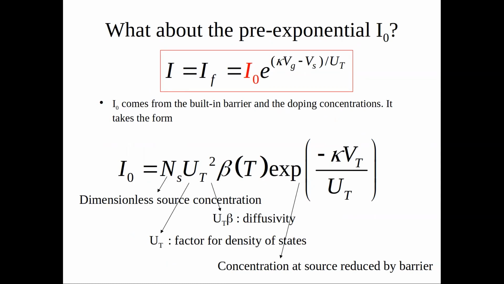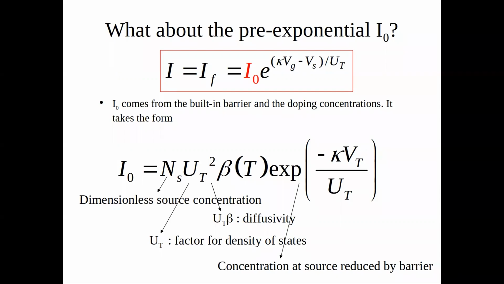It depends on all these parameters that depend on the process: the carrier concentration, the thermal voltage, the diffusivity, and e to the minus kappa VT over UT. But this is way too much detail. You just need to remember it's the off current, a very small current that always flows, even if you put a zero gate voltage. It's also called the leakage current because it leaks through the transistor.